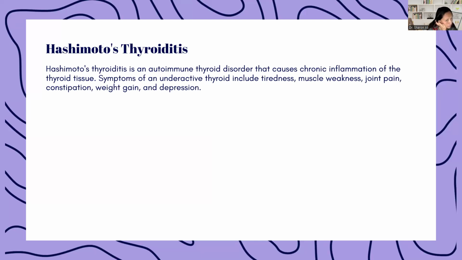Now, Hashimoto's thyroiditis is another very common issue that we have, where they have something which is like hypothyroidism, but it is not hypothyroidism. It is something which is autoimmune, with inflammation of the thyroid, where your antibody levels are very high.